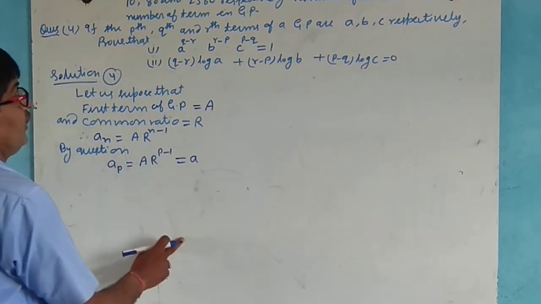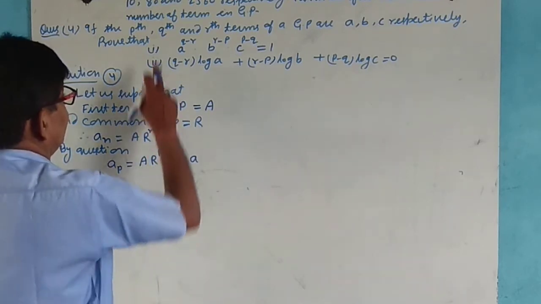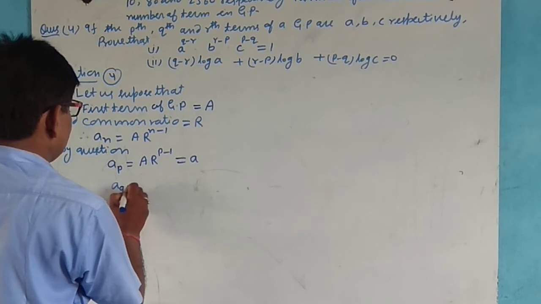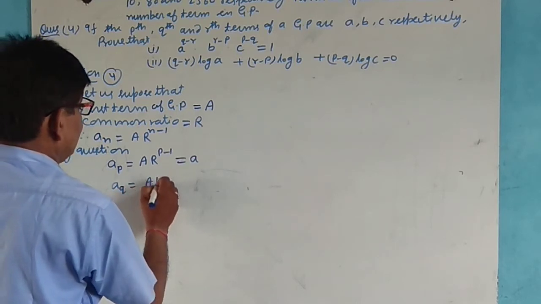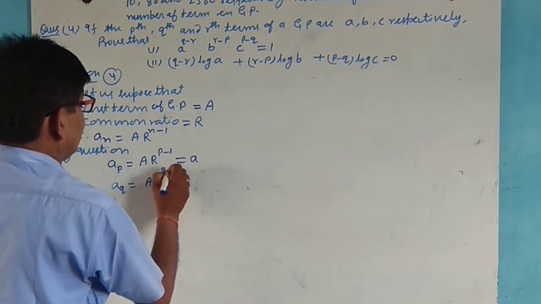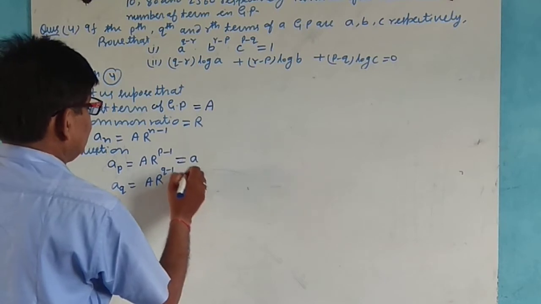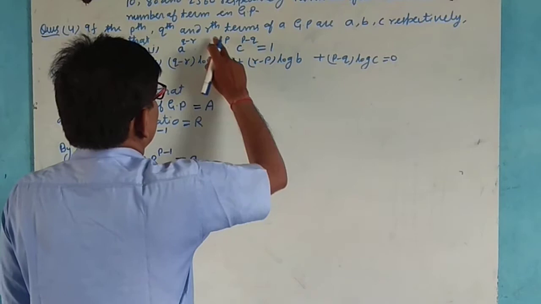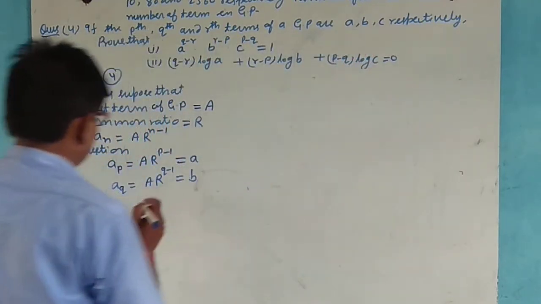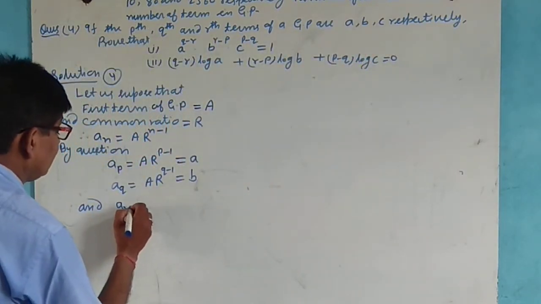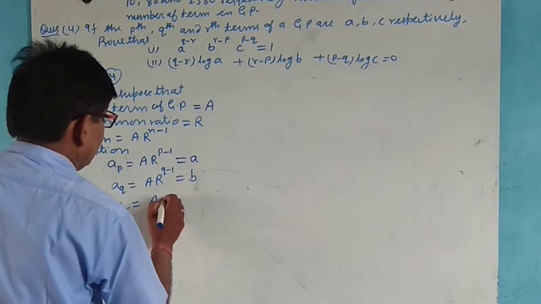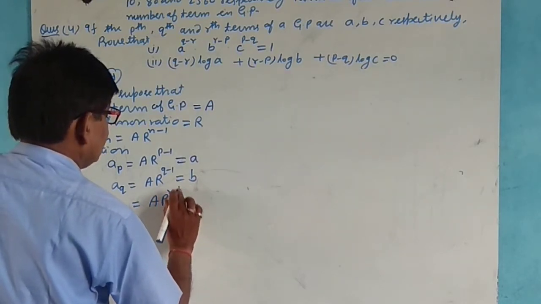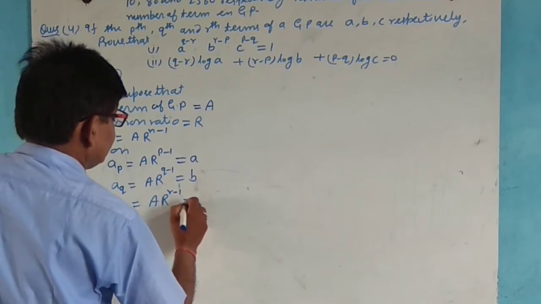The qth term is b, so b equals A R to the power q minus 1, and the rth term is c, so c equals A R to the power r minus 1.